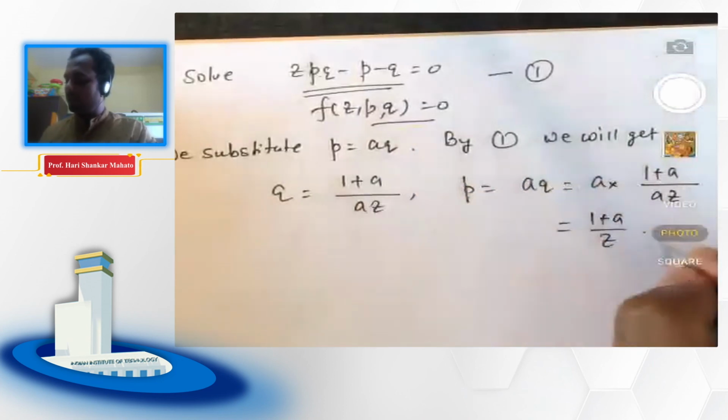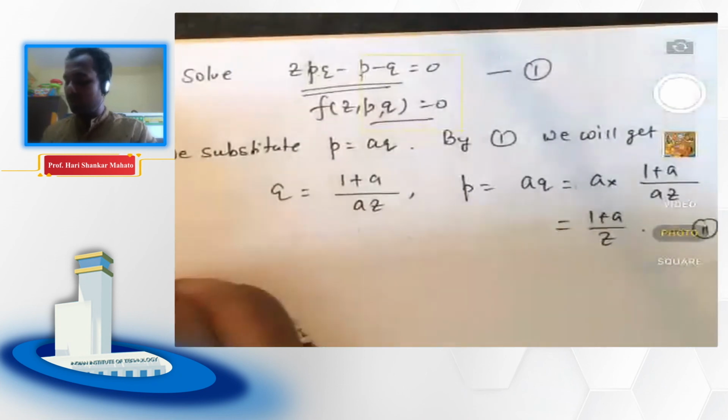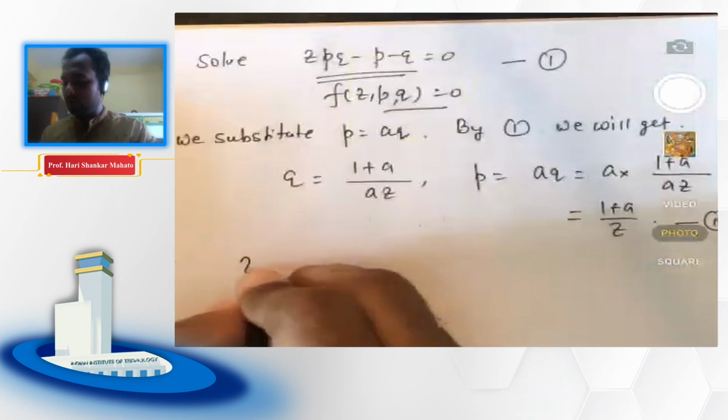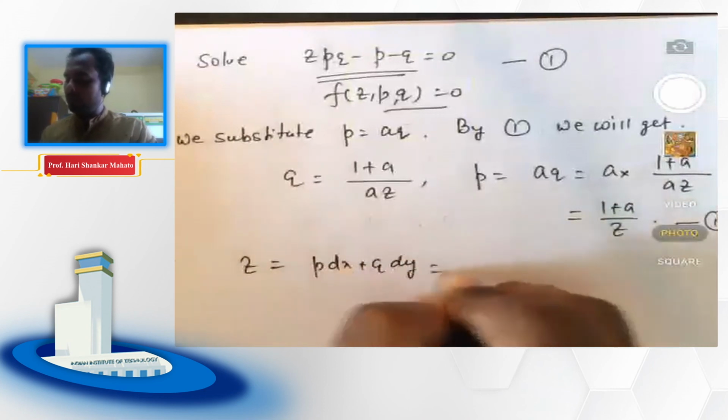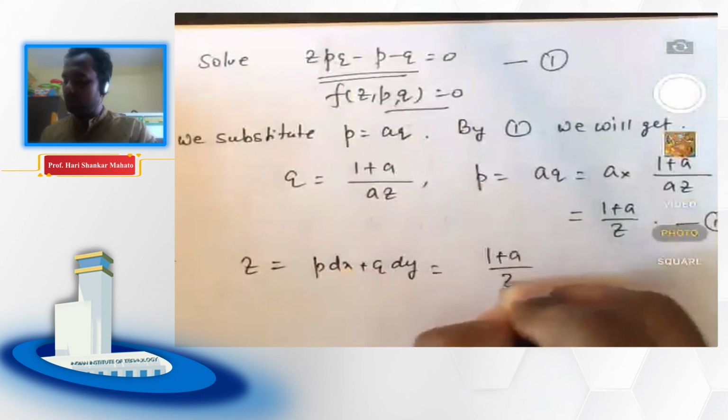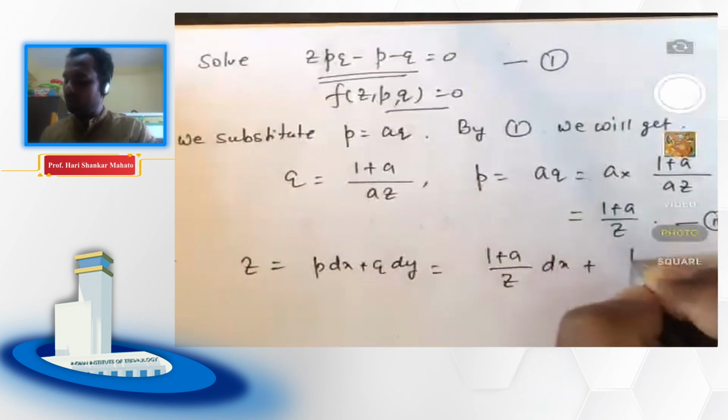Let's call both of these equation number 2, and therefore we can write dz equals p dx plus q dy. So what is our p? It is (1 plus a) by z dx, and this one is (1 plus a) by (a z) dy.